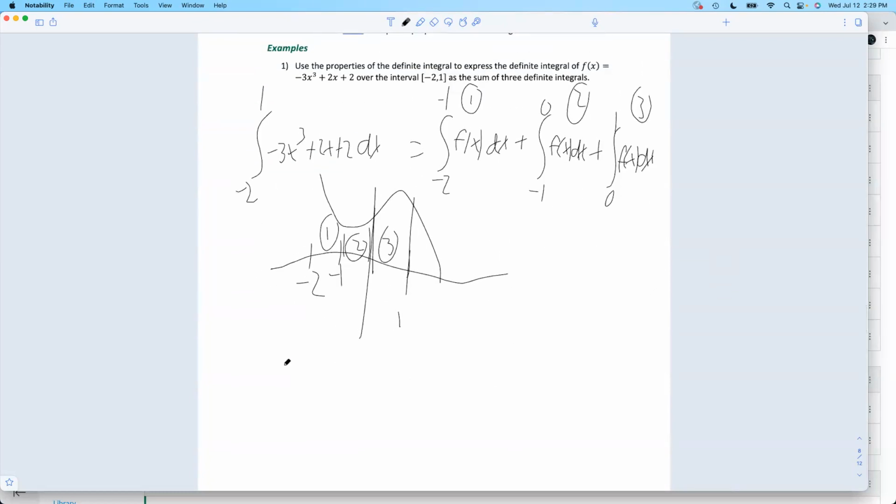I could say the integral from -2 to 1 of f of x dx is the integral from -2 to 0 of f of x dx plus the integral from 0 to 4 of f of x dx plus the integral.